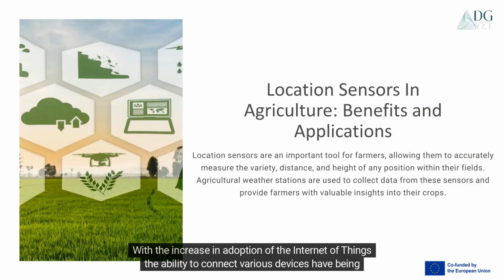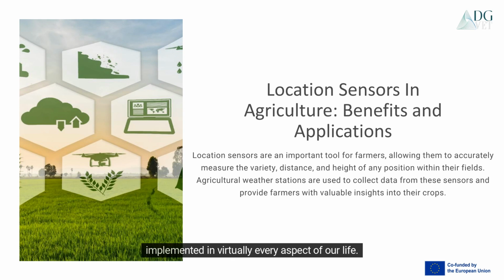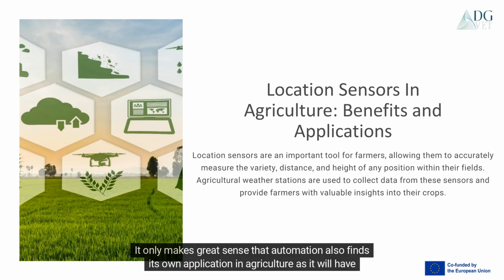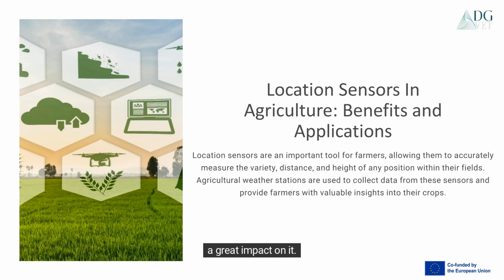With the increase in adoption of the Internet of Things, the ability to connect various devices has been implemented in virtually every aspect of our life. It only makes great sense that automation also finds its own application in agriculture, as it will have a great impact on it.